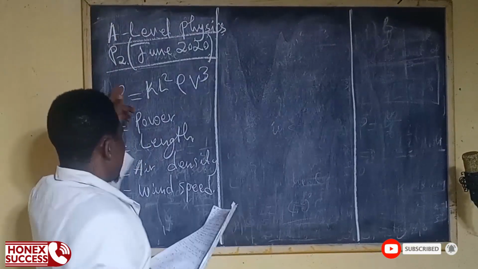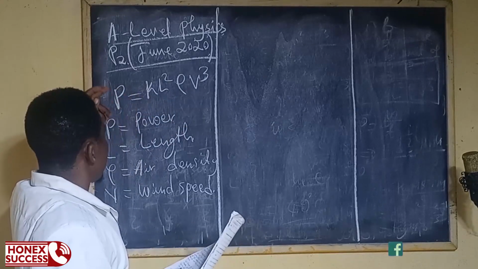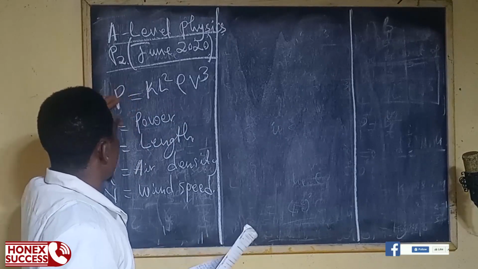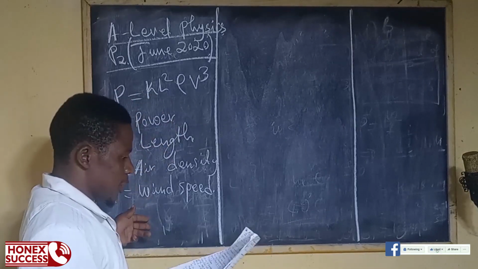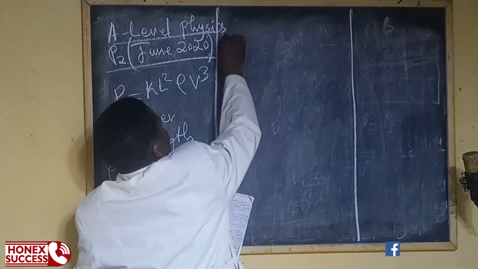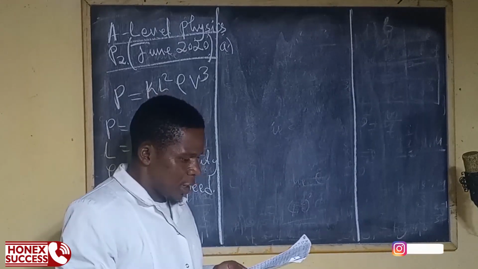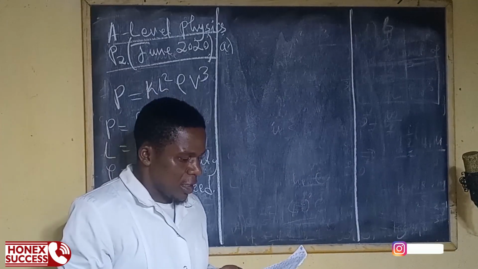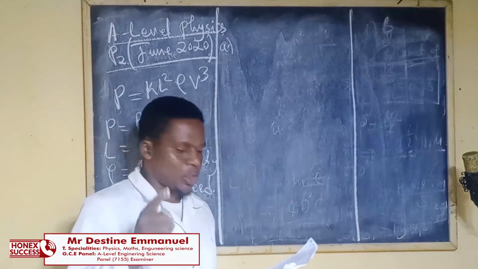All the meanings of the quantities that each letter represents in the equation are given below. And now in part A of this question 1, what are we asked? In A we are asked what is a homogeneous equation.